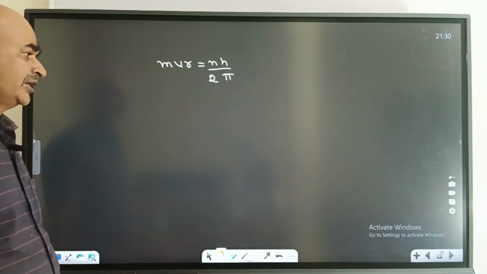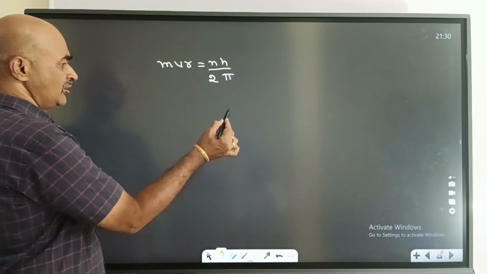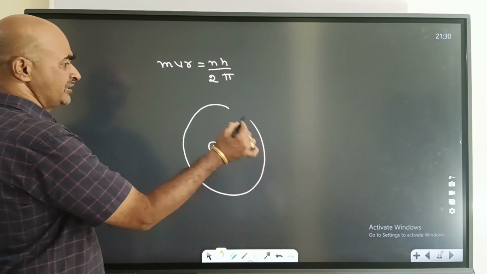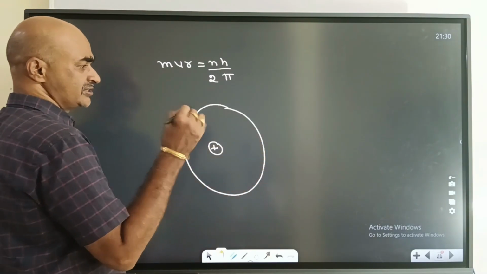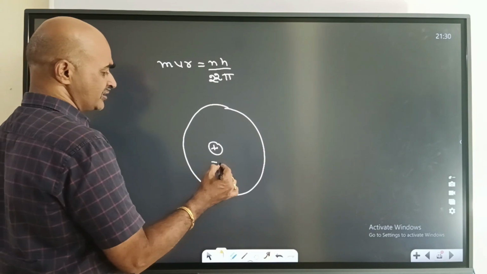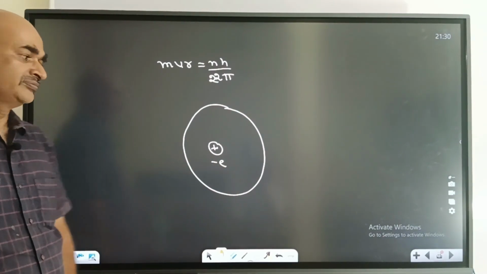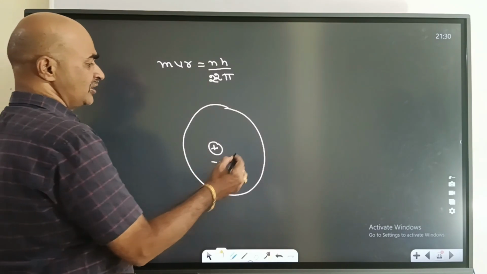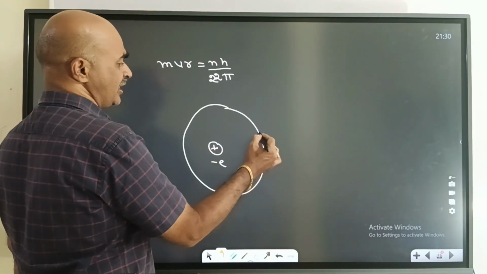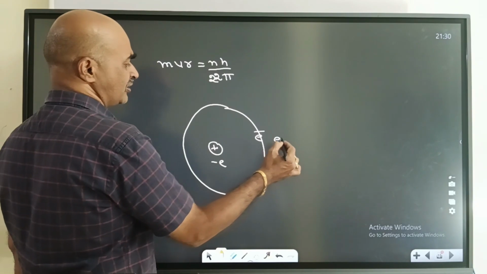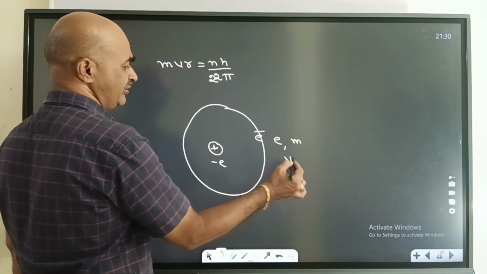Now, how do we calculate the radius of a Bohr orbit? This is the nucleus. The charge of the nucleus is Ze, where Z is the atomic number. This is the electron. The charge of the electron is e, mass m, velocity v.